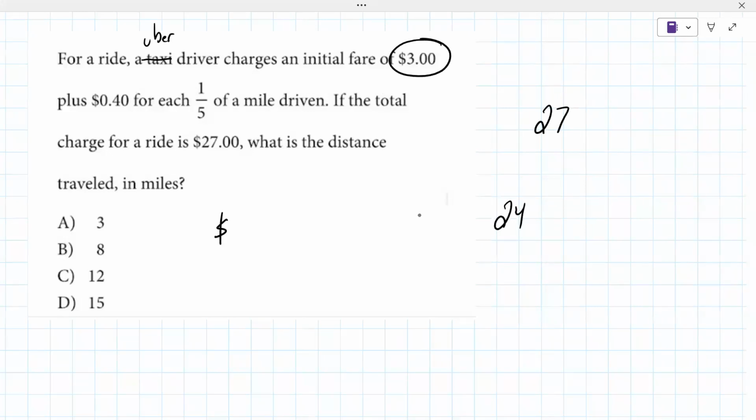Sometimes the given quantities aren't really in useful units. Like if we wanted to get 1/5 to 1 mile, what would we multiply it by? 5. Okay. Which means we have to multiply this other number by 5 as well.